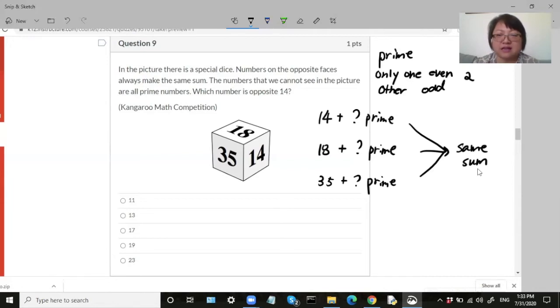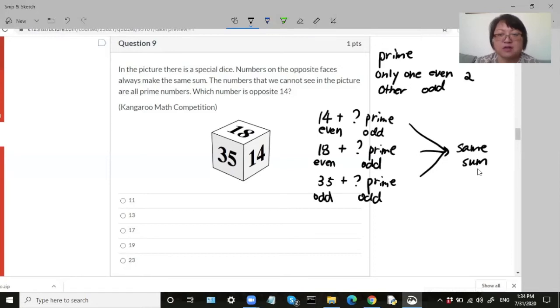So let's say we have 3 odd primes. Even plus odd is odd. Then even plus odd is odd too. But 35, odd, plus another odd number would give us an even number. So that won't be the same sum.